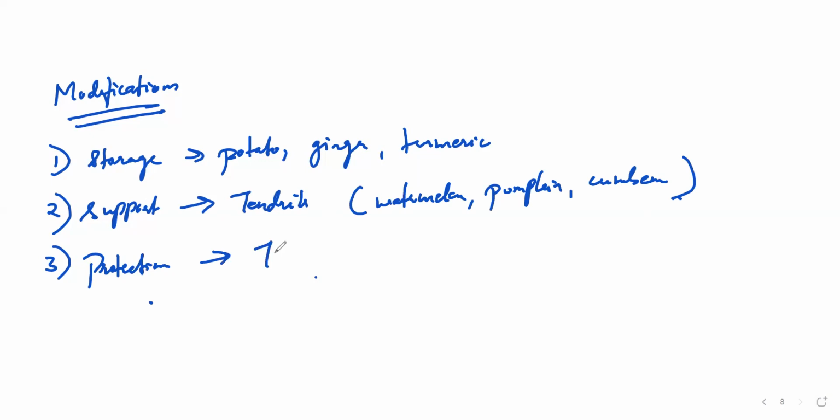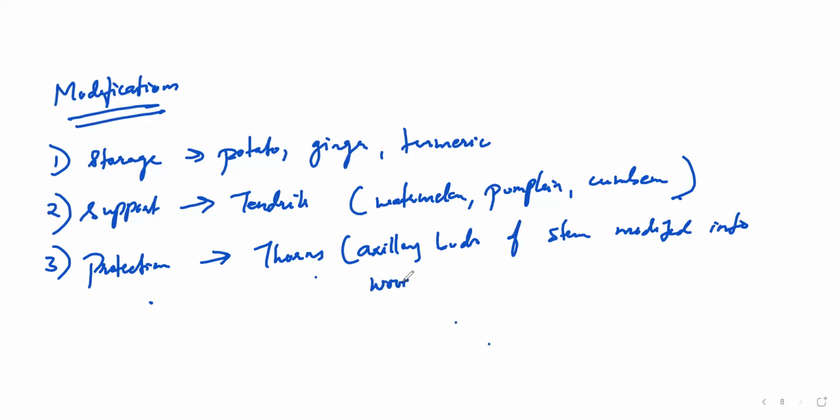For example, thorns. Okay, thorns are modified stems only. Means whatever the axillary buds are there of the stem, they will be modified into woody structure, which is nothing but thorns. For example, citrus fruits or bougainvillea.